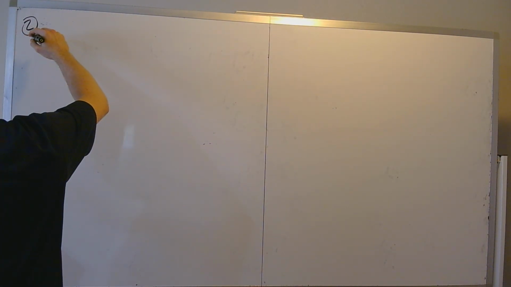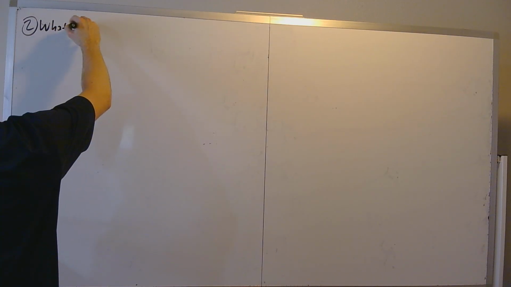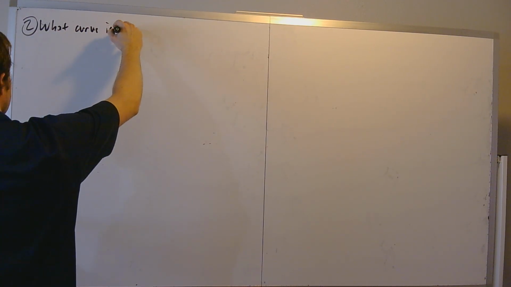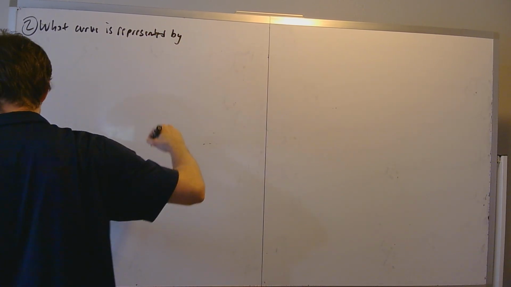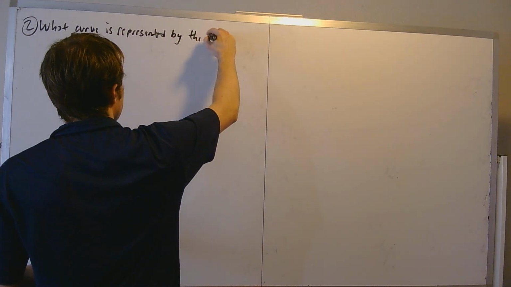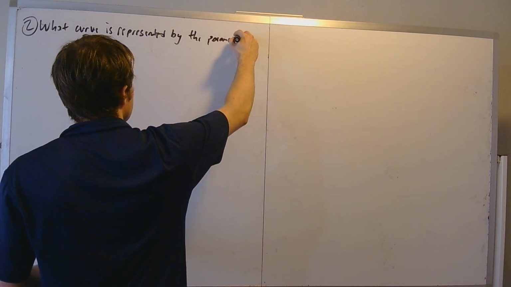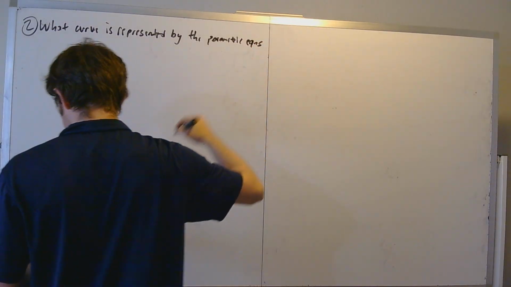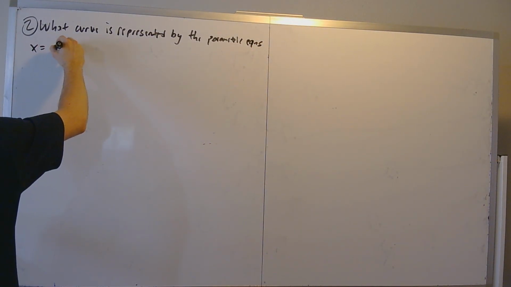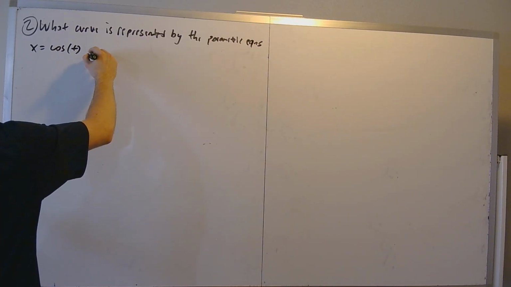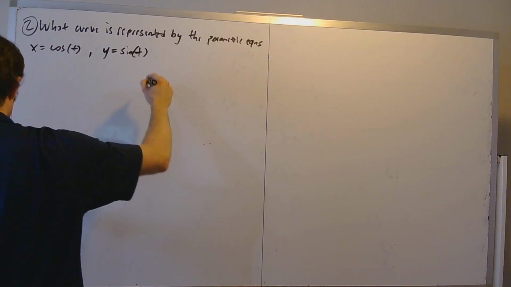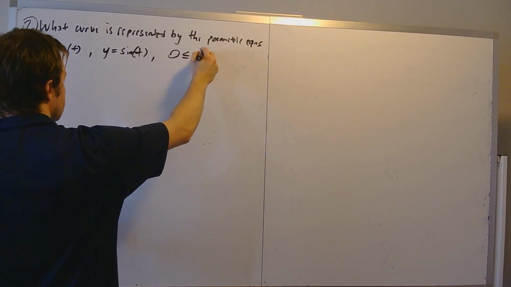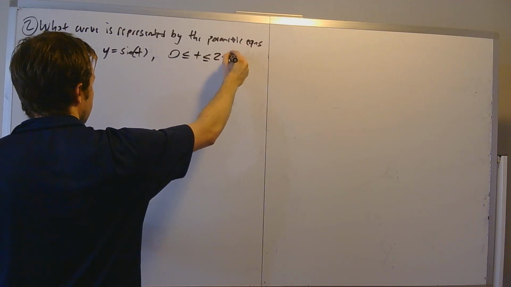Okay, so example number 2 is going to say: what curve is represented by the parametric equations x equals cosine of t, y equals sine of t, where 0 is less than or equal to t is less than or equal to 2 pi.